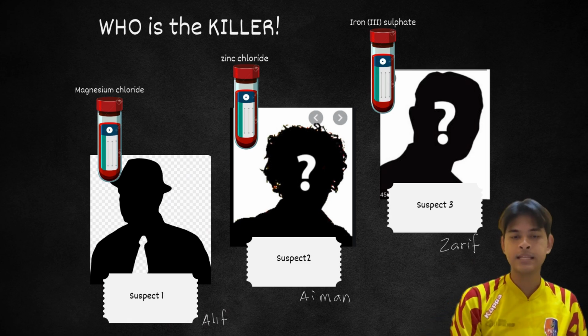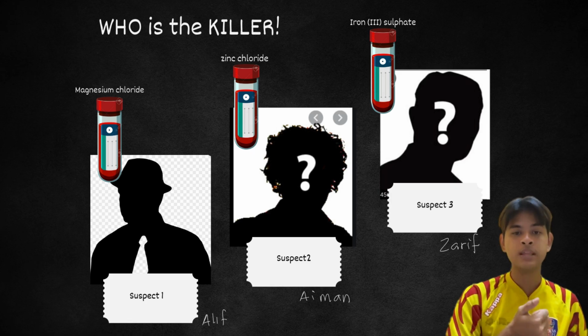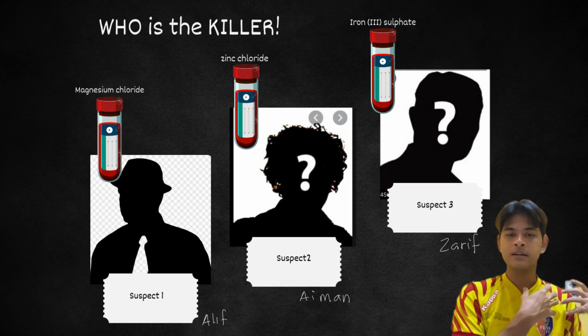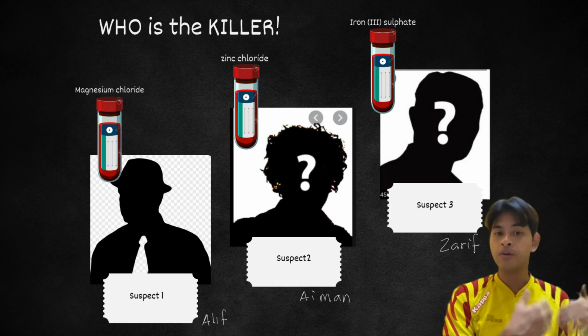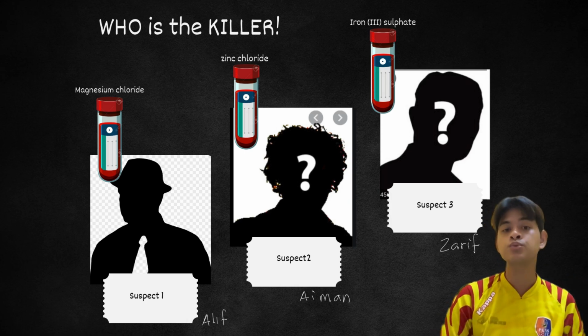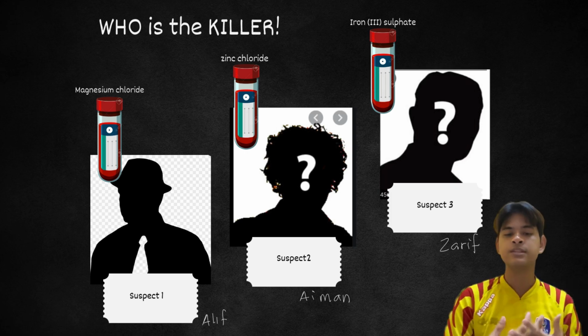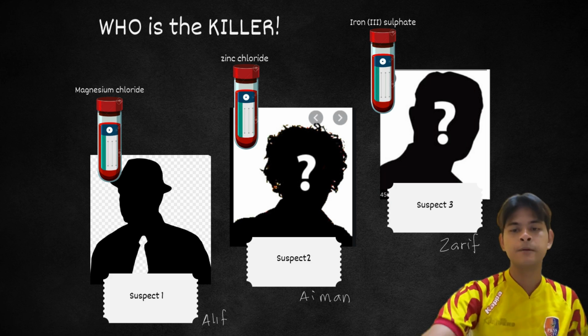So these are the three suspects that have been proposed in our kit. Suspect 1, the possible killer, has magnesium chloride powder on his shirt. Same goes for suspect 2, who has zinc chloride, and suspect 3 has iron(III) sulfate on their shirt.